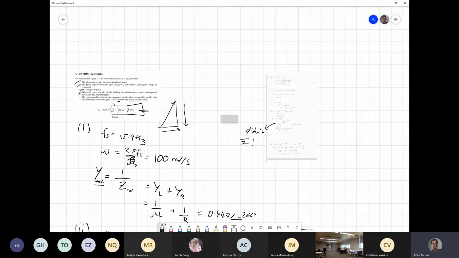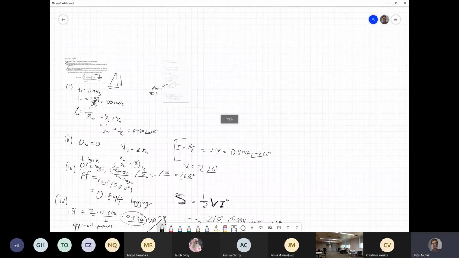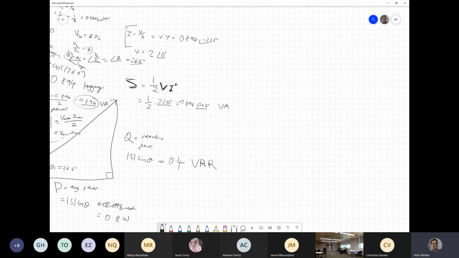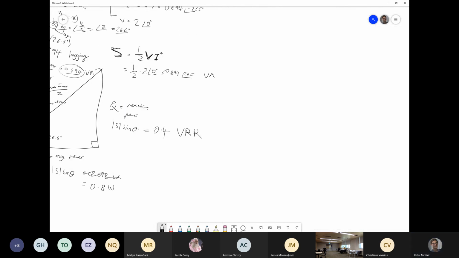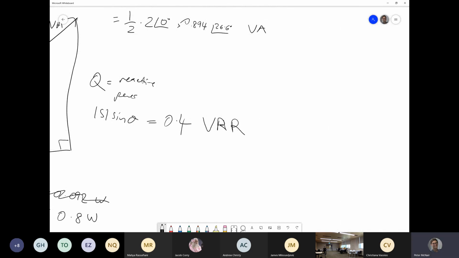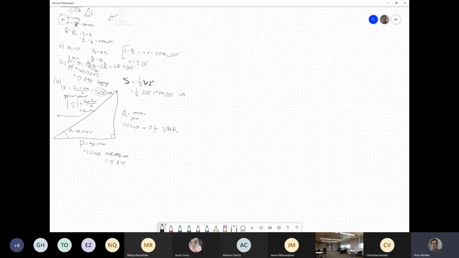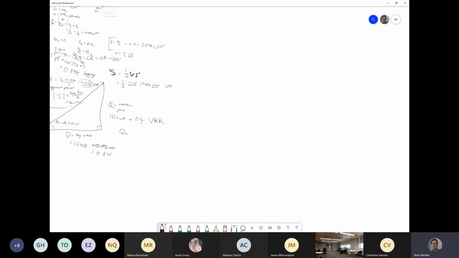So we know that our Q old is 0.4 volt amps reactive. So this is where we're starting, and we want Q new to equal 0 volt ampere reactive, right? Because if we have 0 reactive power, our power factor is going to be 1.